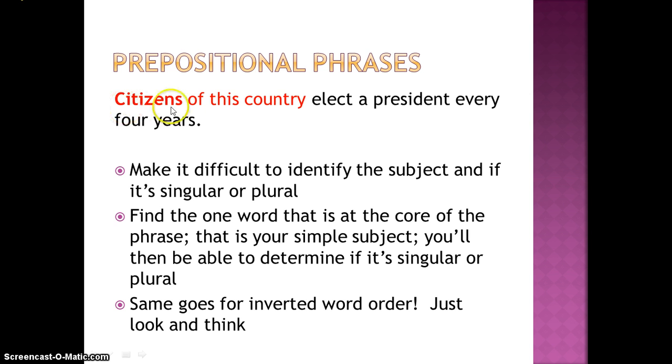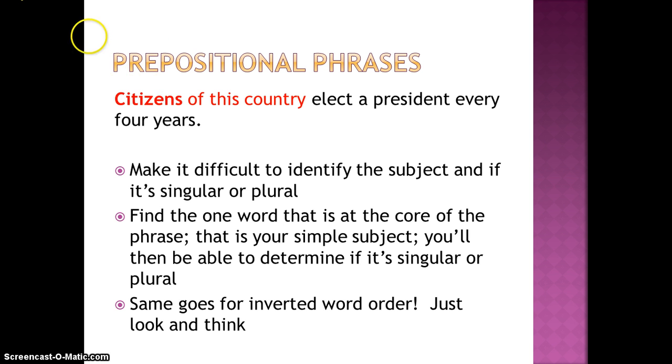So technically, citizens of this country would be the complete subject, and elect is your verb. So the simple subject is citizens, because it can be replaced by they. I believe I provided that test as an idea. If you can replace what you think is a subject with they, and then it makes sense with the verb, then you know that that's your subject.